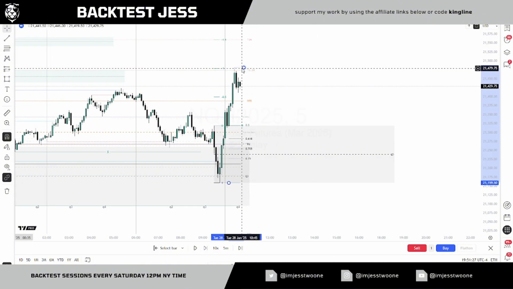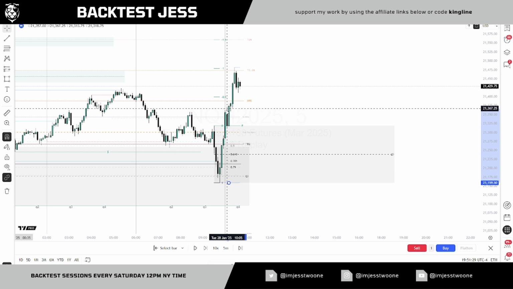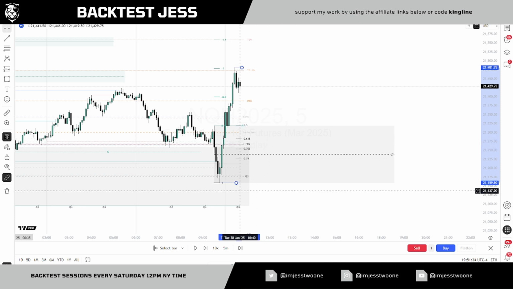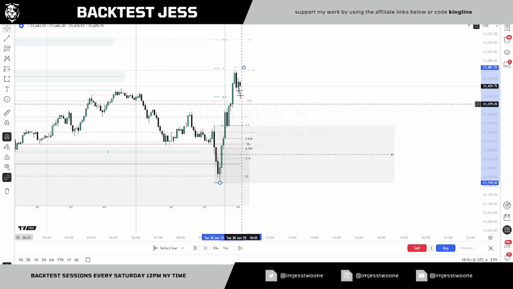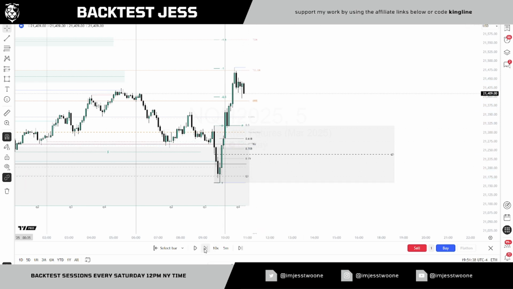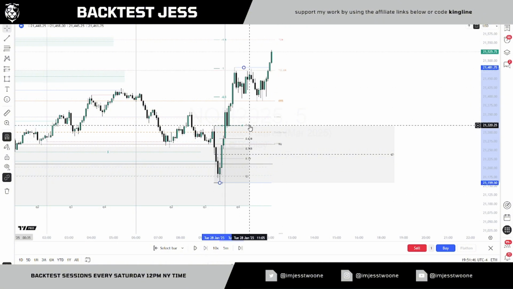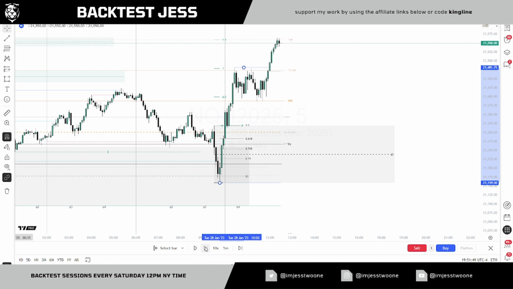So if you can't tell from here, we obviously didn't get into discount. So discount does line up with the zone at least, for if we get a return to the zone here. Ooh, tough. We're not gonna get an entry. This is gonna run without us.